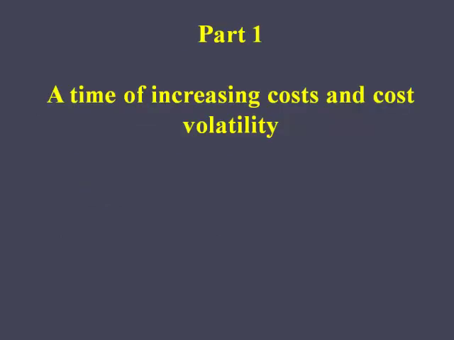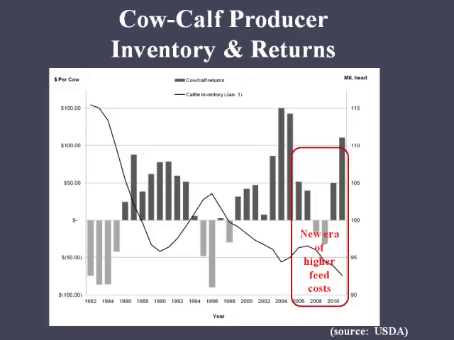I'm going to give you some background now. And we're going to talk about a time of increasing costs and, as Tom alluded to here and others also, we're in a time of high cost volatility. This first slide gives you cow-calf producer inventory and returns since about 1982.